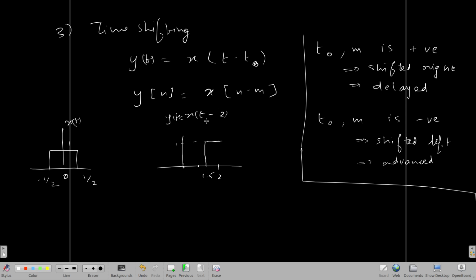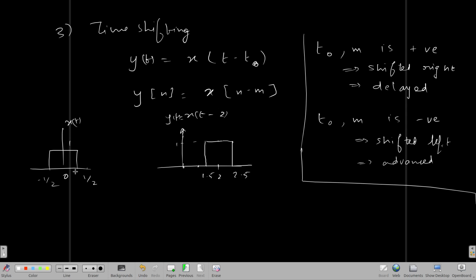That is x of 2.5 minus 2, which is x of 0.5, which is also a 1. Obviously from here it is 0, and let's confirm y of 3. y of 3 is x of 3 minus 2, which is x of 1, which is 0. So this is right. This is 2.5.